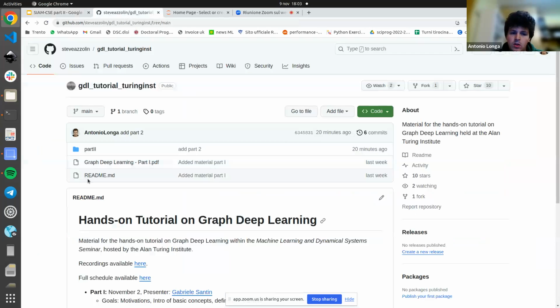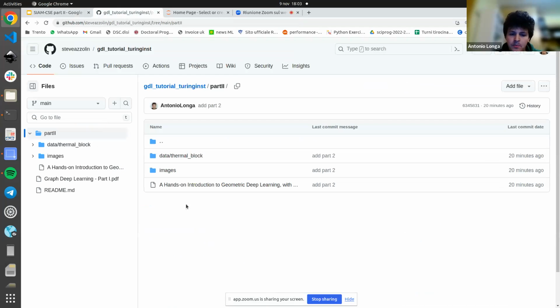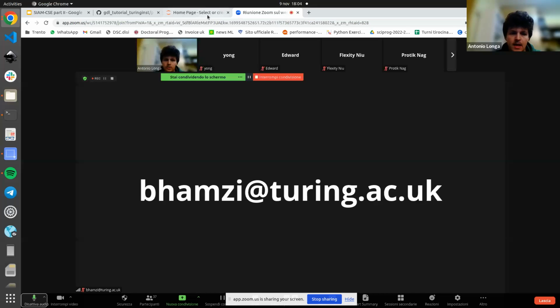Okay, I think we can start. First of all, in the Git repository, you can find a folder with part 2, in which you have the dataset for the real world example, and then the Jupyter notebook we are going to use.